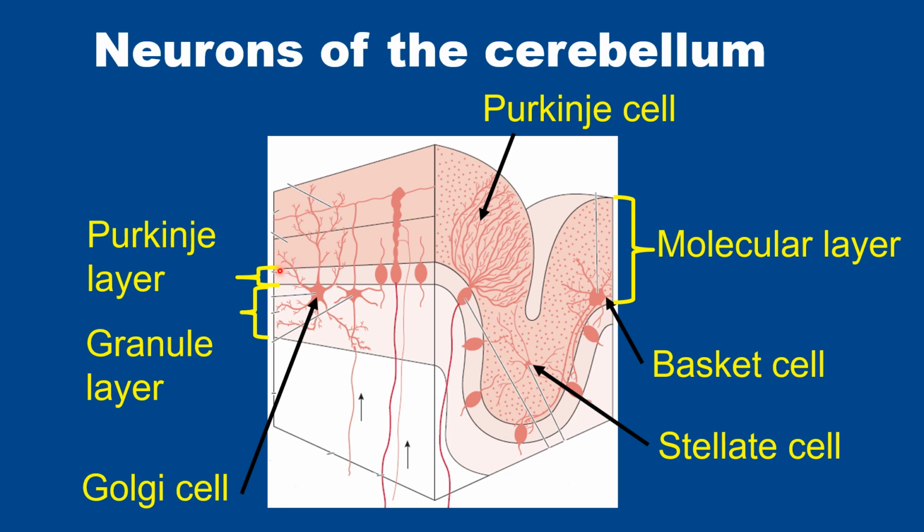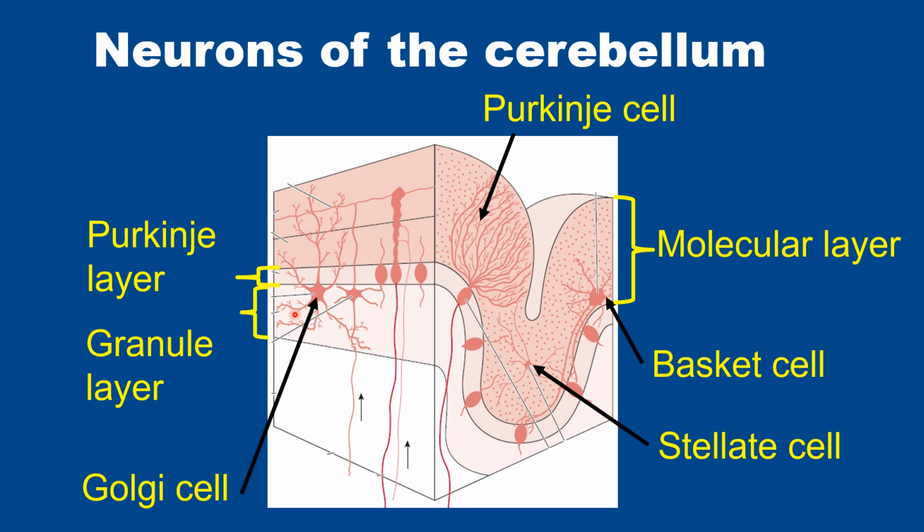The cerebellum contains three layers of neurons: the molecular layer, which contains the dendrites of the Purkinje neurons, and the basket and stellate cells. The Purkinje cell layer, these are the main cells of the cerebellum with a big dendritic tree.